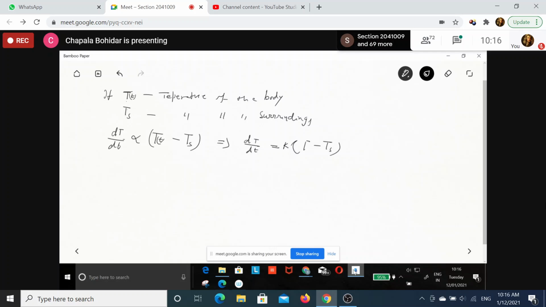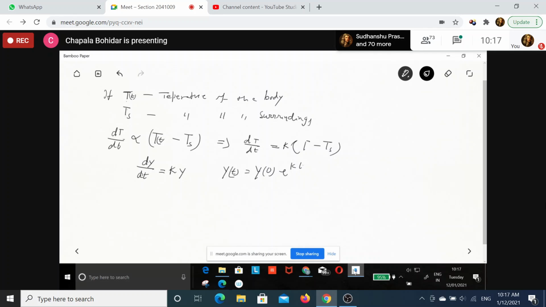And we know dy by dt is equal to ky in the population growth, and the solution of this is y(t) is equal to y0 e to the power kt. By using this condition, we find the solution of Newton's law of cooling.